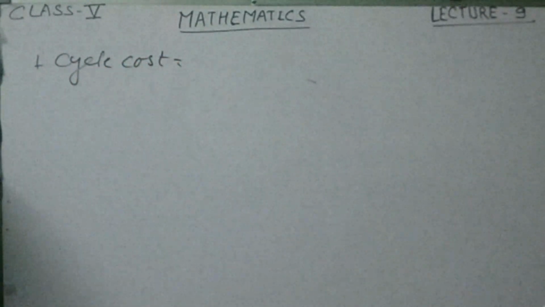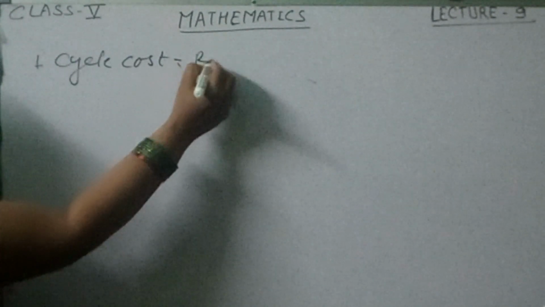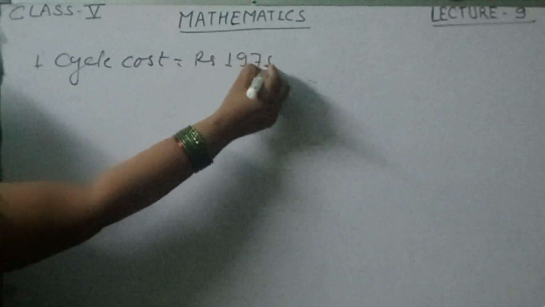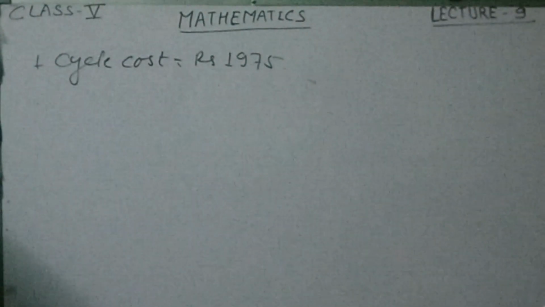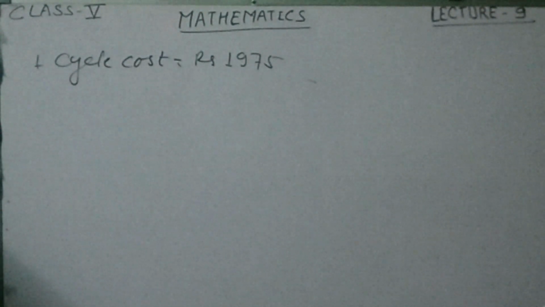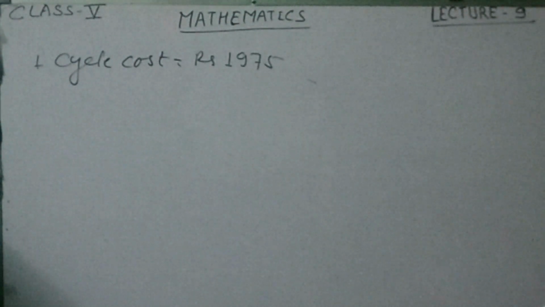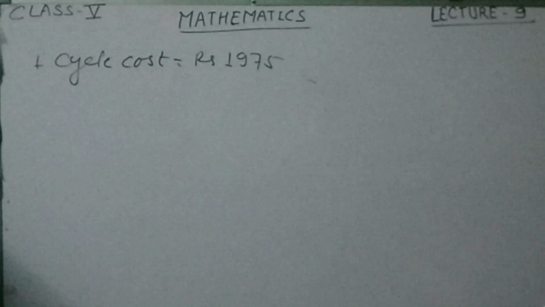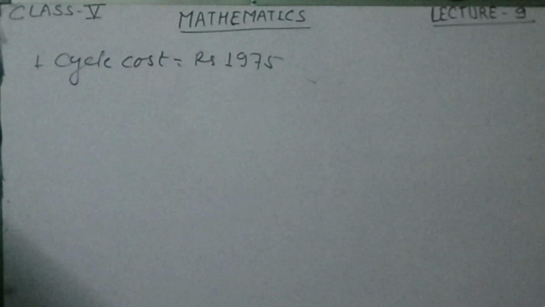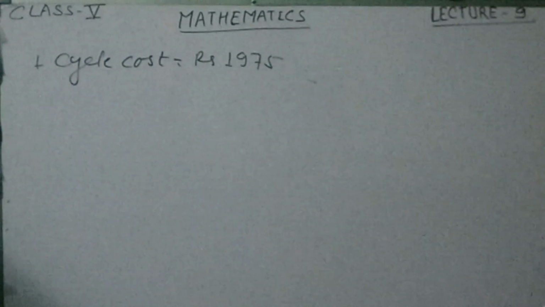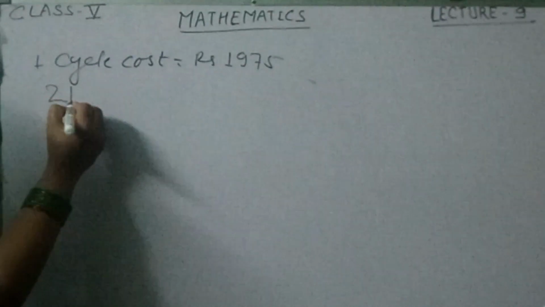One cycle costs 1,975. If there are 214 girls in a high school and each child is given one cycle, find the total amount required for purchasing the cycles. Means total girls in the high school, how much? The total girls is 214.